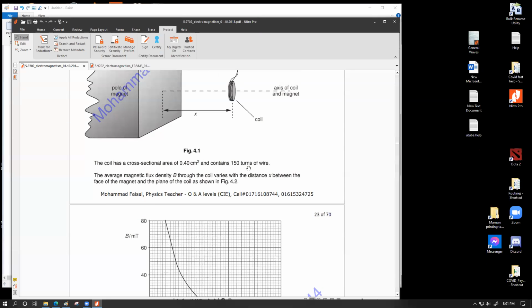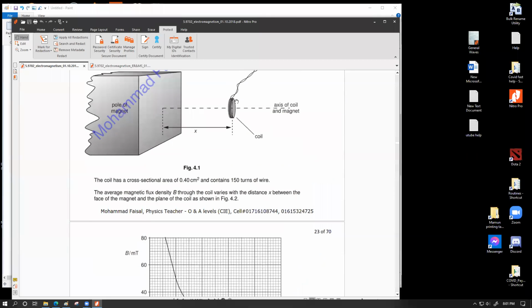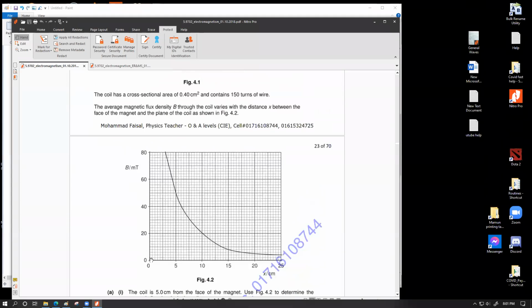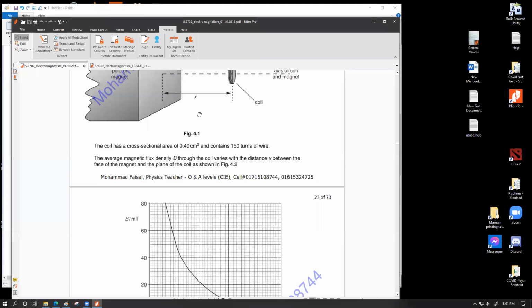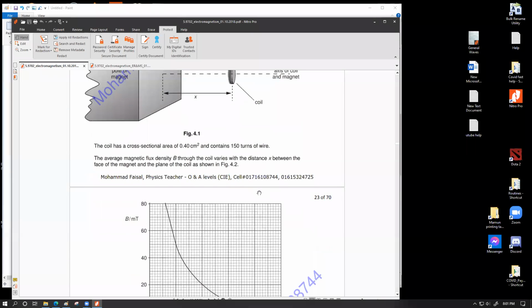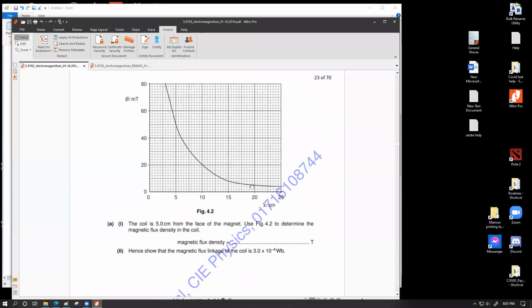So this coil might as well be a Hall probe coil, but somehow we have used this coil to measure the magnetic flux density B value with respect to distance. As we slowly get further away, the B is slowly changing, which is obvious because the field lines are getting spread out.